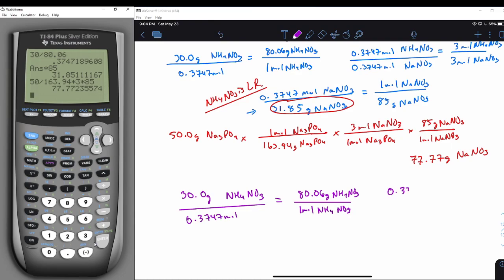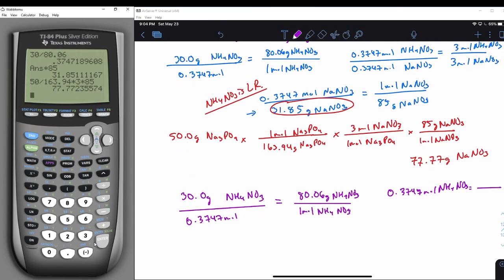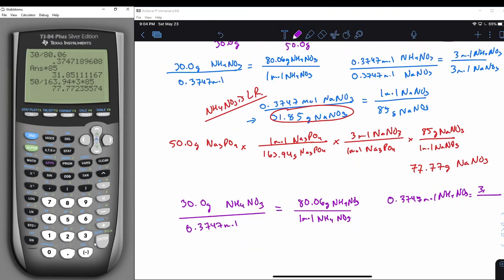And that 0.3747 moles of NH4NO3 is equal to 3 moles over 1 mole of (NH4)3PO4.